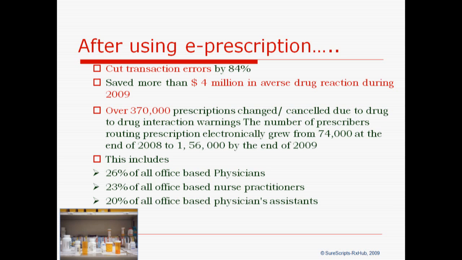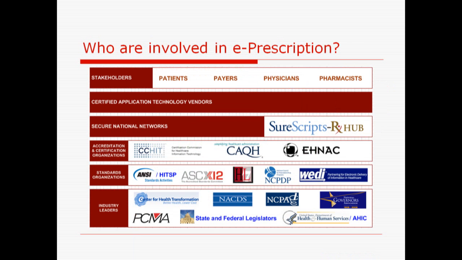So the current slide is indicating how we have overcome the errors by almost 84%. Moving forward, this slide is a demonstration of the different channels or agencies which are directly or indirectly involved in electronic prescription.